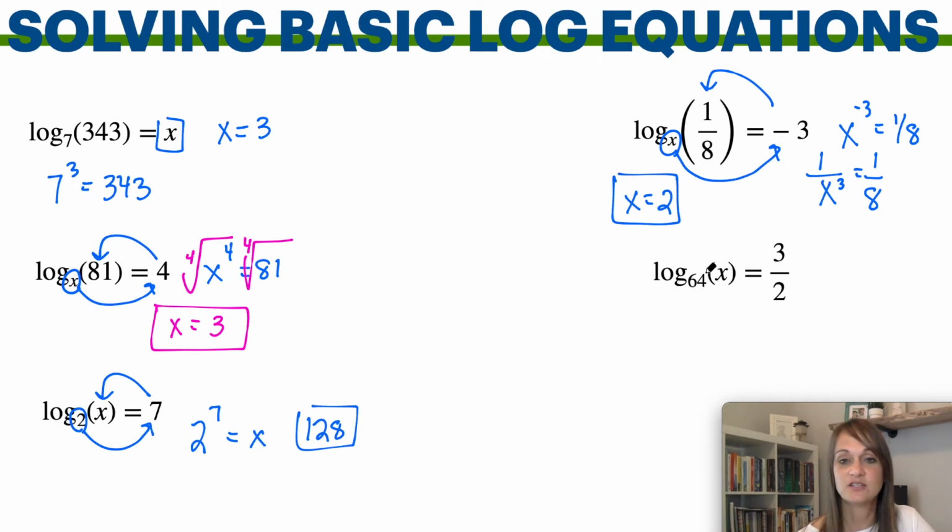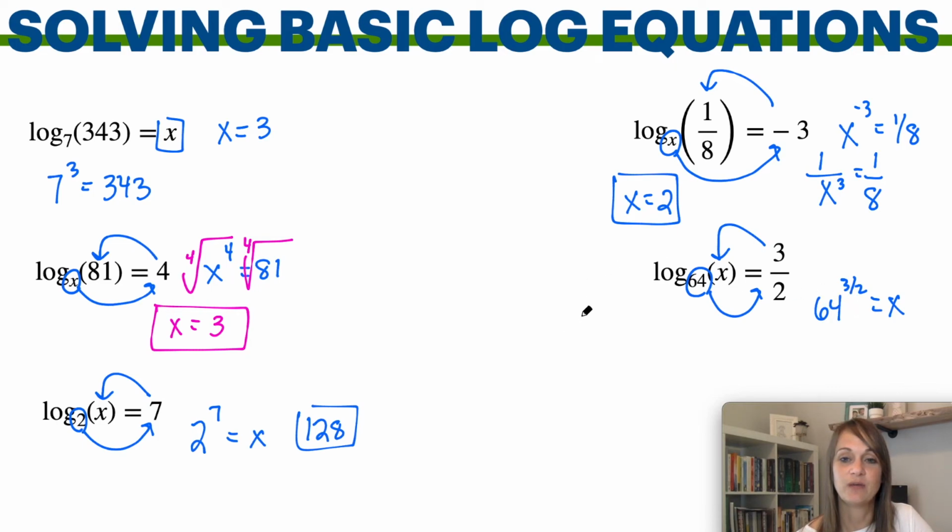And last, x is trapped inside the log, so we need to rewrite this. So it's going to be the base raised to the 3/2, and that is going to equal the inside, which is x. So 64 raised to the 3/2. There's a couple ways you can do this. One, you can just use the calculator.